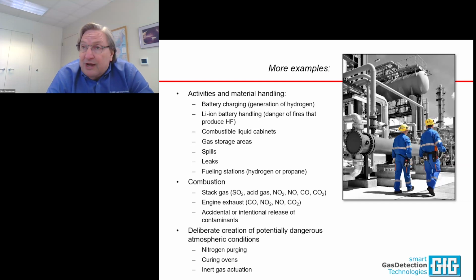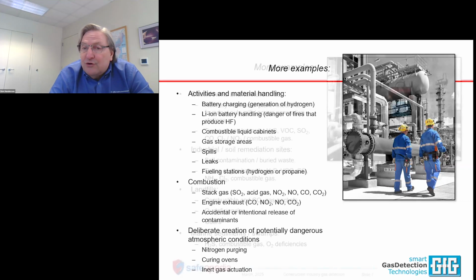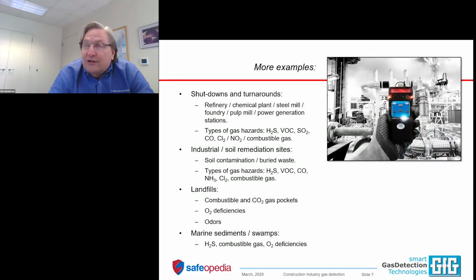You have sometimes at an industrial facility a process going on that deliberately is changing the atmosphere. You have nitrogen purging, you have curing ovens, you have inert gas actuation. Make sure you understand what's going on at the site where you're going to be working. More examples yet.